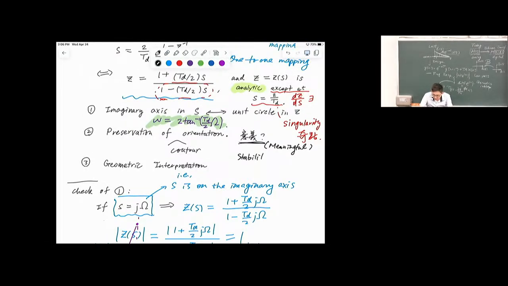Stability of the system is preserved. No need to worry about stability. You begin with a stable system, you design, and after this design, you obtain a stable system in the digital world. And this is really nice to know.